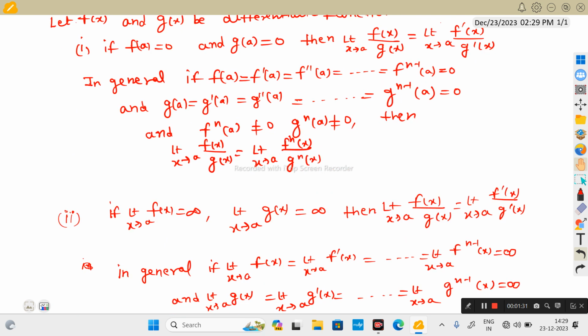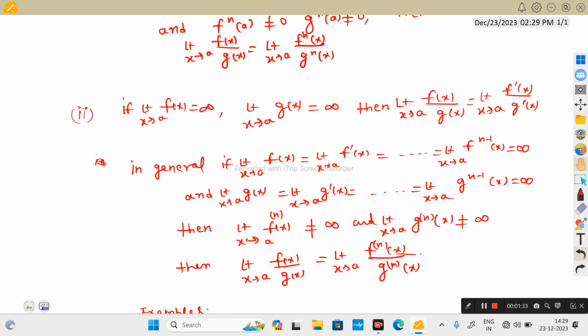And second, if the limit as x tends to a of f(x) equals infinity and the limit as x tends to a of g(x) equals infinity, then the limit as x tends to a of f(x) upon g(x) equals the limit as x tends to a of f dash x upon g dash x.